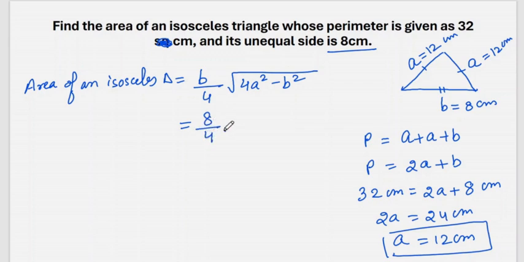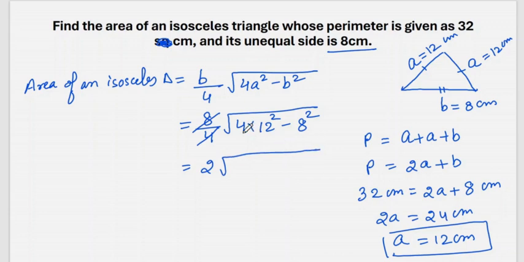So 8 by 4 into under root 4 into, what is the value of A given? A is 12. So 12 square minus B square, that is 8 square. So we got this, we can cancel out, you will get 2 under root 4 into 12 square. What is 12 square? 12 square is 144 into 4, that is 576 minus 64. So we got this as 2 under root 512.